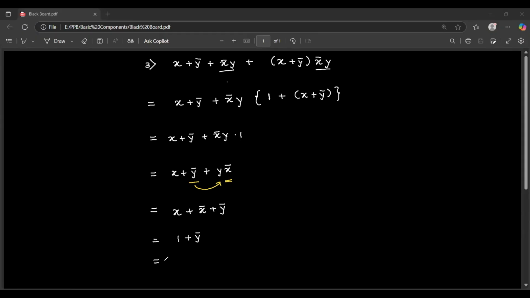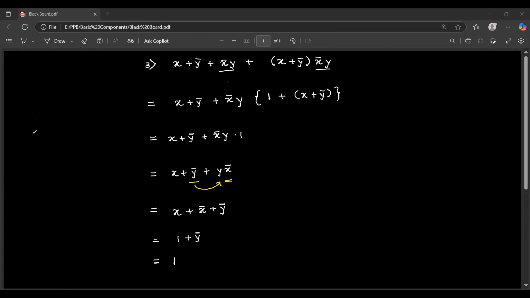Sorry, 1 plus y bar is equal to 1, that's what we learned in identity law.